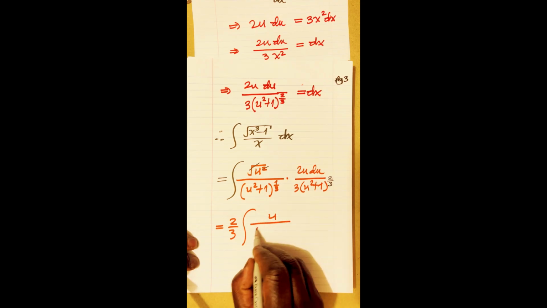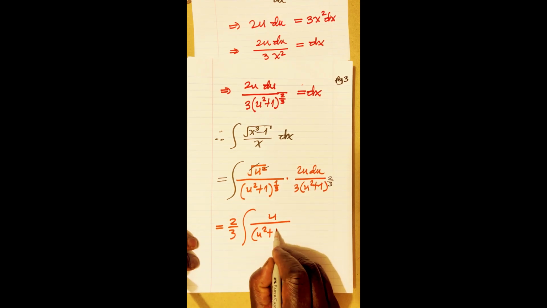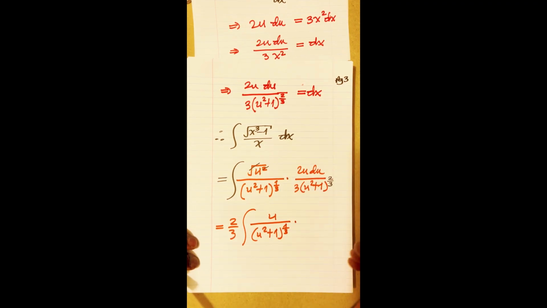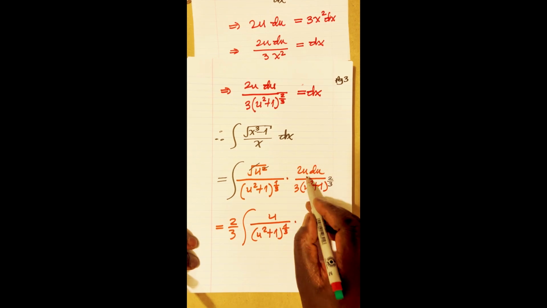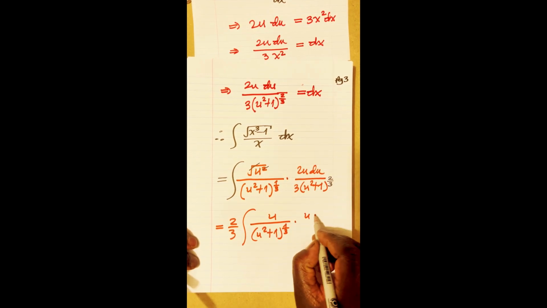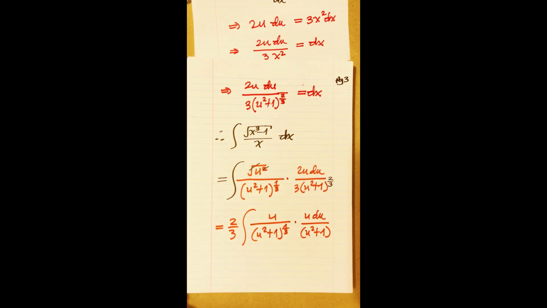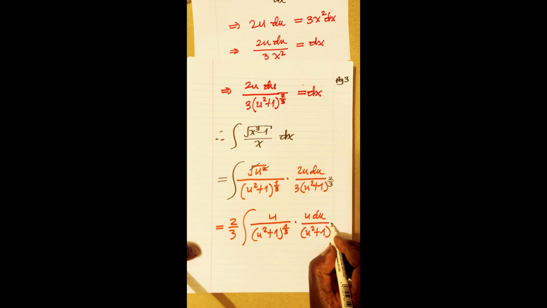In the denominator, I have u squared plus 1 all to the power 1 over 3, and then times u du all over u squared plus 1 all to the power 2/3.